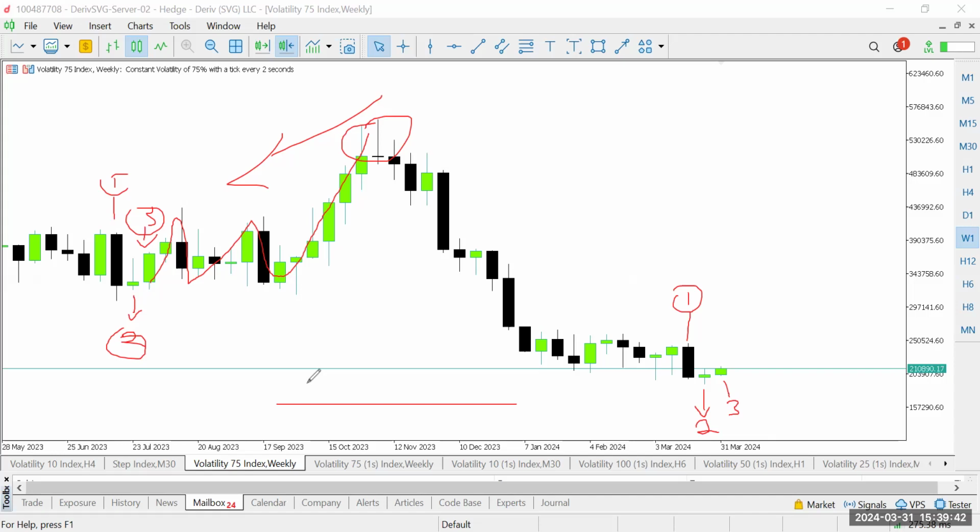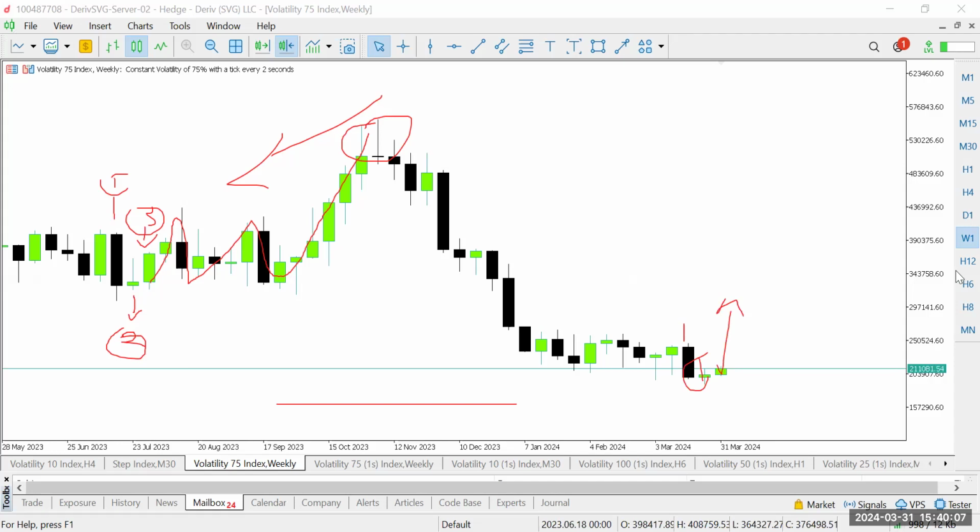But today, let's focus on the 75 and what is happening currently. And this week, you're bullish because of these two candles. I'll not be surprised to see a bullish move because of these two candles.